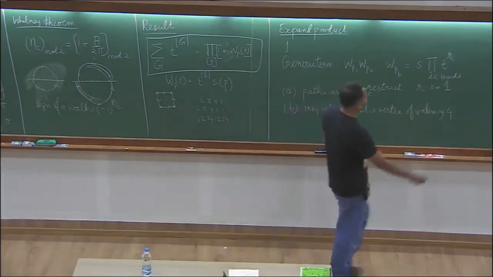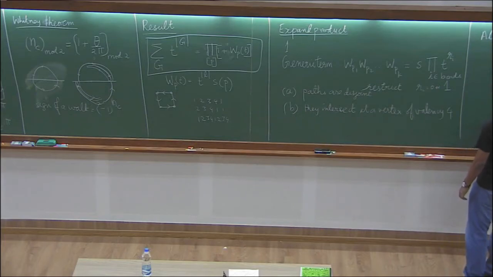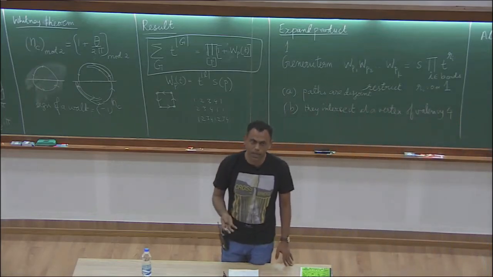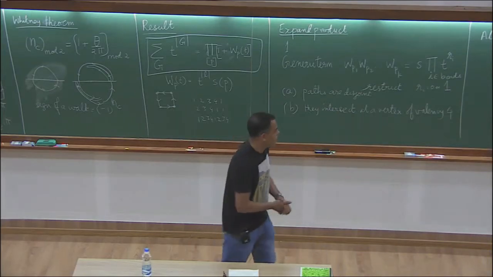So now I have an allowed graph G, and I want to assign arrows to it. I want to make them paths and show that even when I assign arrows, the sum doesn't change.